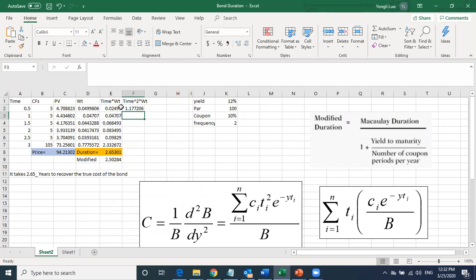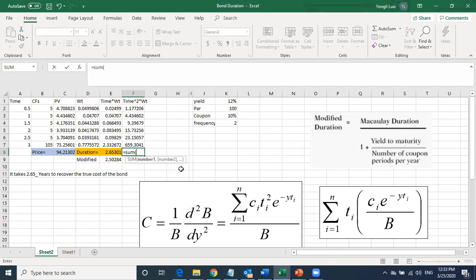Then you sum them up. This part is going to be the numerator.